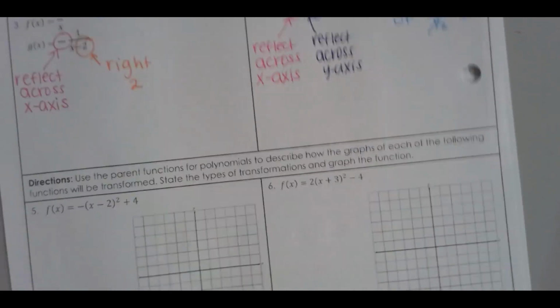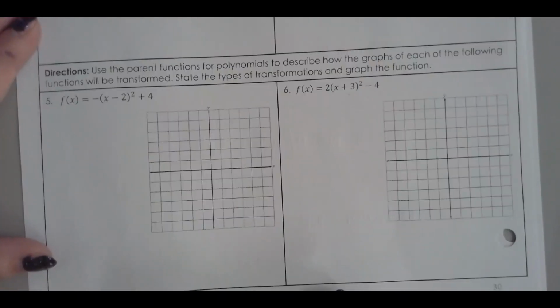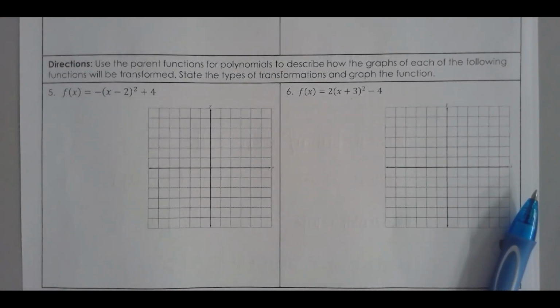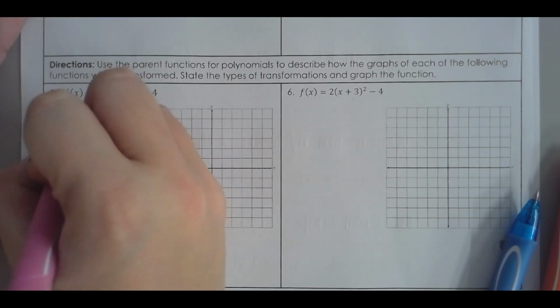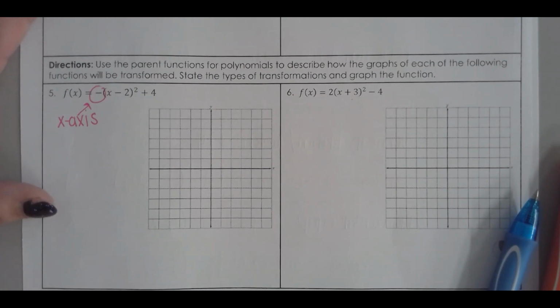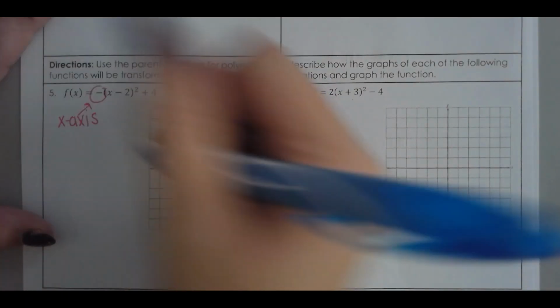So we're going to keep going. These 5 and 6 are the same, except I'm throwing in a graph there for you. Okay. So let's look at number 5 and decide what all is happening. I'm just going to put x-axis because it's easier. What else? Subtracting 2, so that's going to do that.